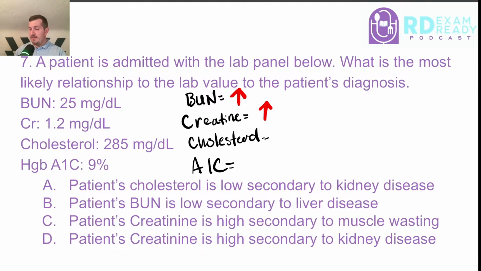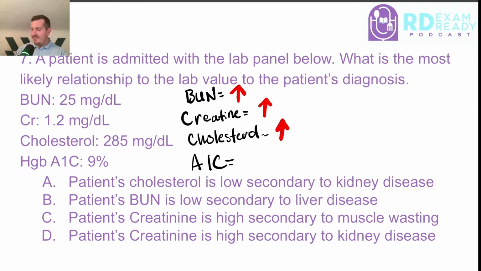Cholesterol, when I look at that, 285, I'm like, whoa, that's a high cholesterol. So yeah, in my gut, I feel that one's going to be pretty high. And then A1C here, 9%. My cutoff is 6.5% for diabetes. So 9%, once again, it feels high.